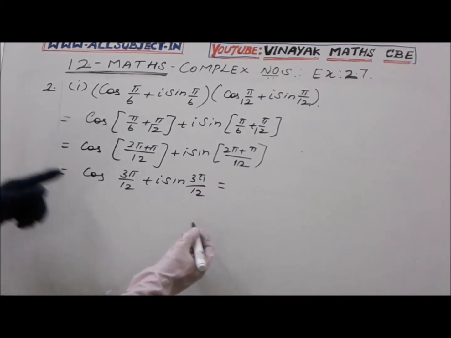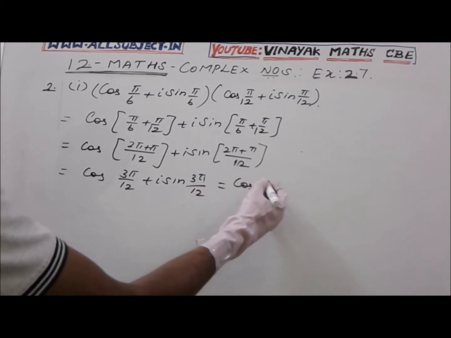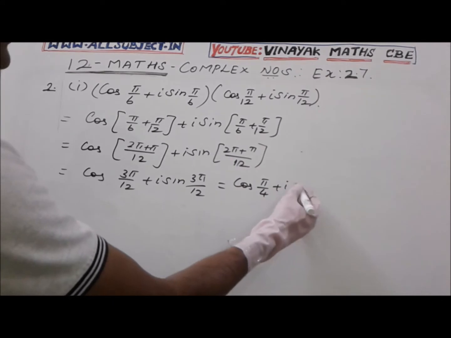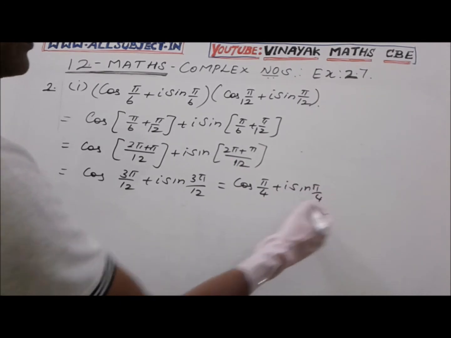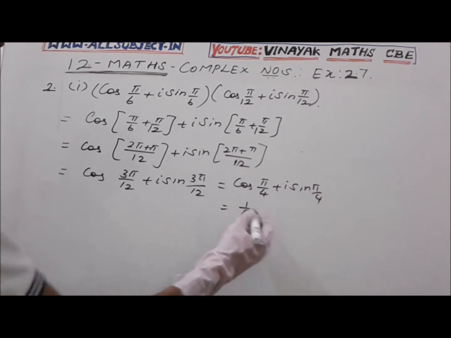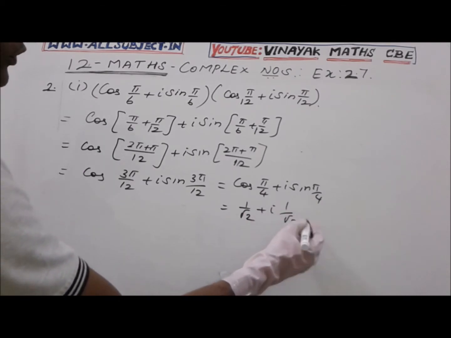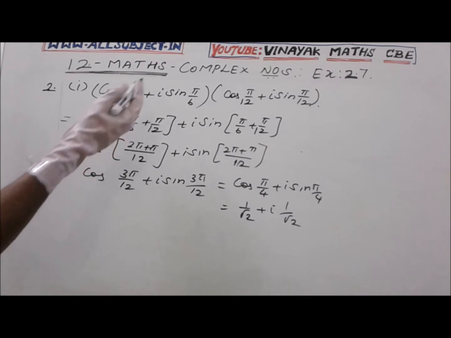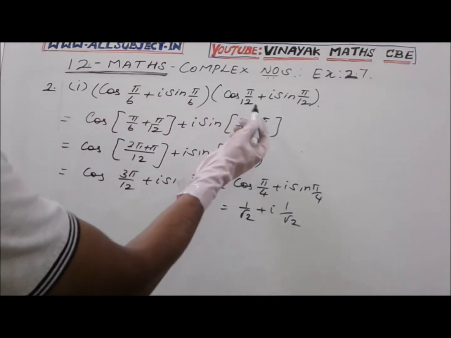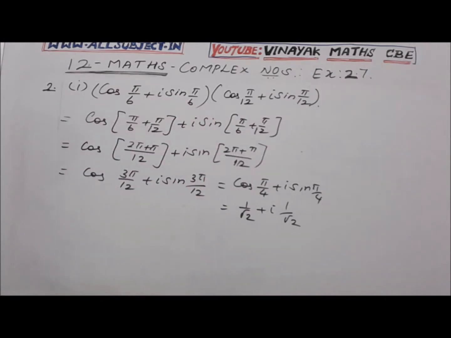Simplifying this we will get cos pi by 4 plus I sin pi by 4. Cos pi by 4 is 1 by root 2, 45 degree, plus I into sin pi by 4 is also 1 by root 2. So cos pi by 6 plus I sin pi by 6 into cos pi by 12 plus I sin pi by 12 equal to 1 by root 2 plus I into 1 by root 2.